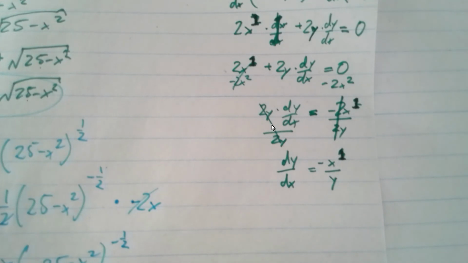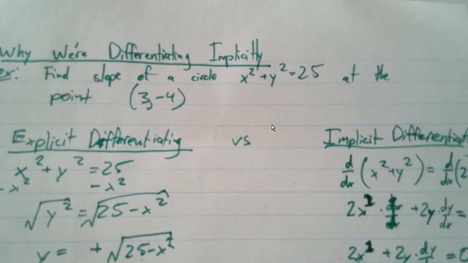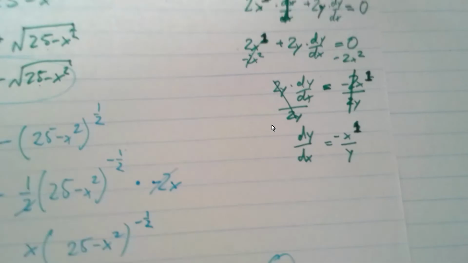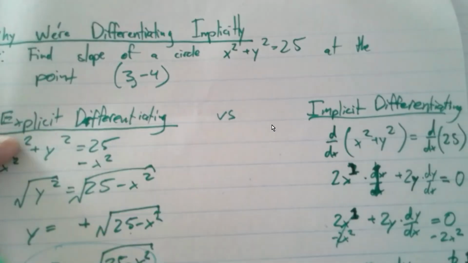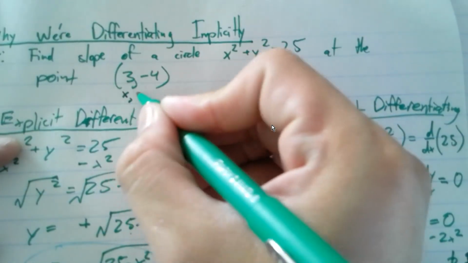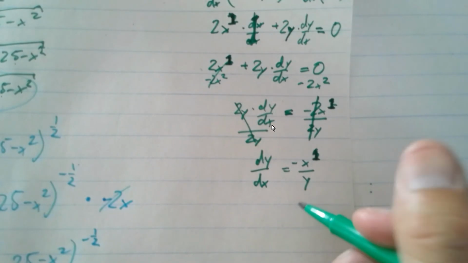But how do I solve the problem now? Yeah, I think this is a lot easier to plug in. You plug in the point, which is a coordinate, x comma y. So in place of my x value, I put in 3.